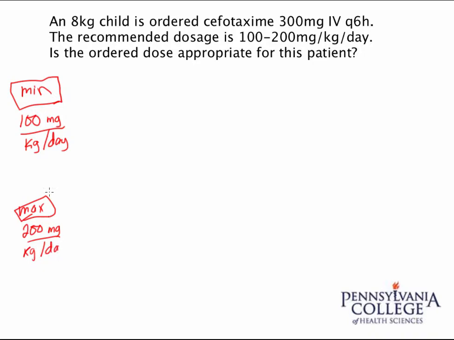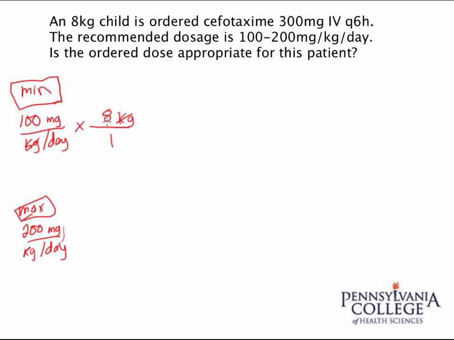So when you see this per kilogram, the first thing we want to consider is, how can I get rid of it? How can I customize it for the particular patient that we're referring to? Well, we can customize it by canceling it out. In other words, if I take this 100 milligrams per kilogram per day and multiply by the child's weight in kilograms, then the kilograms would cancel. Using dimensional analysis, I'm multiplying by 8 kilograms.